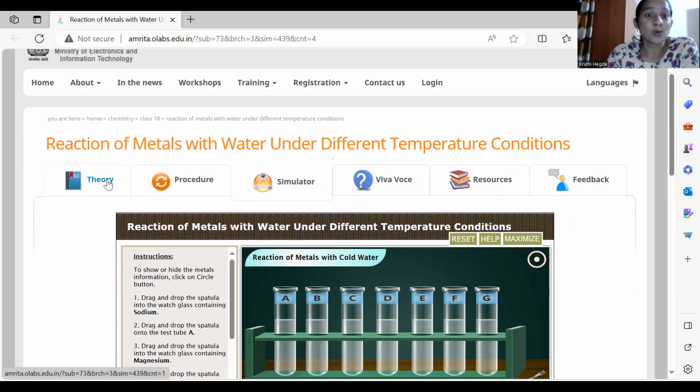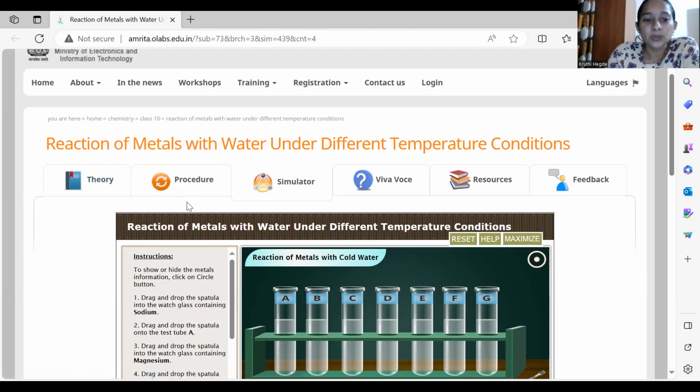We are grateful to Amrita OLabs for providing these great resources which help us understand laboratory techniques and practical knowledge in a virtual method.